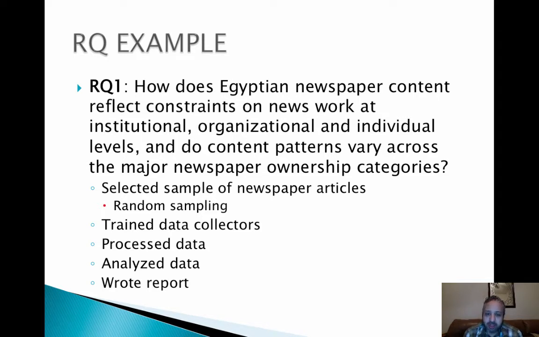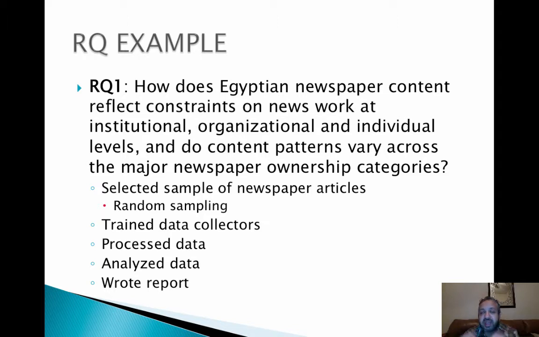So let me try to break it down. I wanted to know whether the journalists, the people that do the news work at Egyptian newspapers, were constrained by institutional, organizational, and individual level constraints.